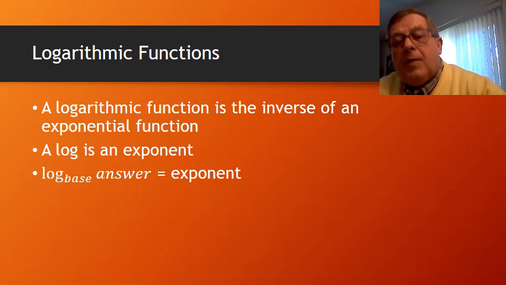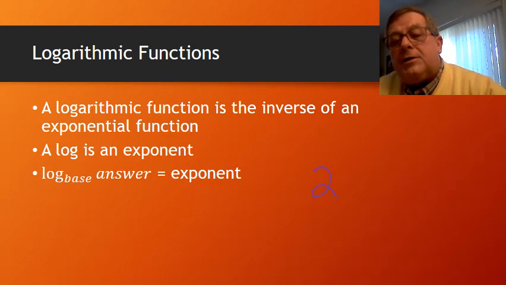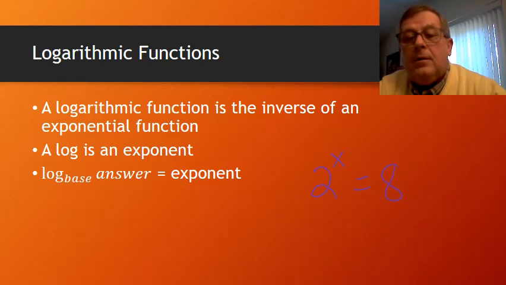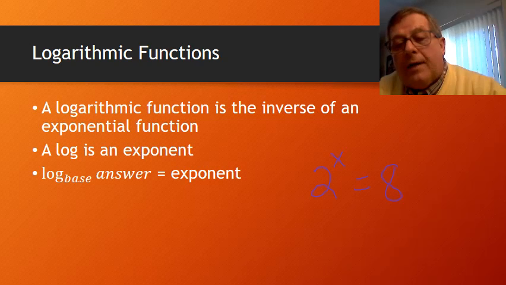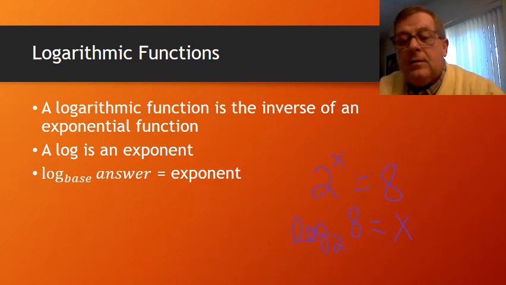So again, let's go back and look at this same thing that we just viewed. If I've got base 2 raised to a power of x equals 8, then if I were to write that in logarithmic form, I would have log base 2 of 8 equals x.